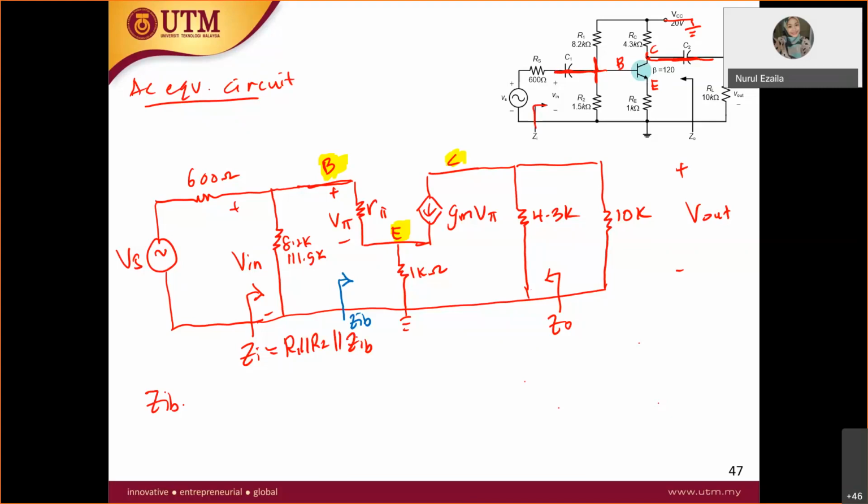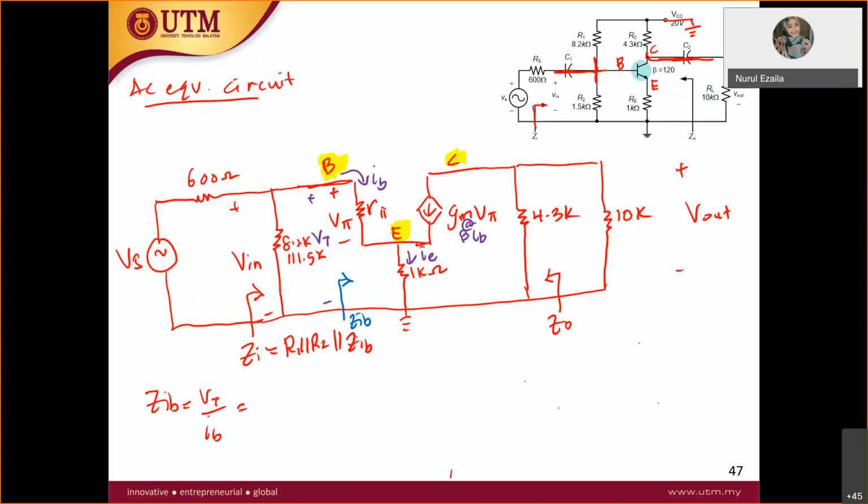ZinB is from here to here, where you have the total voltage, VT. You have current here, IB, but the current here, as I have explained in class, is beta IB, and this is equal to IE. So ZinB is equal to VT over IB.